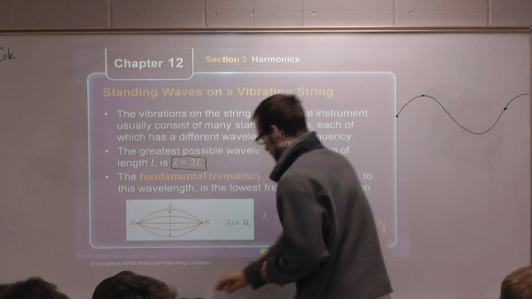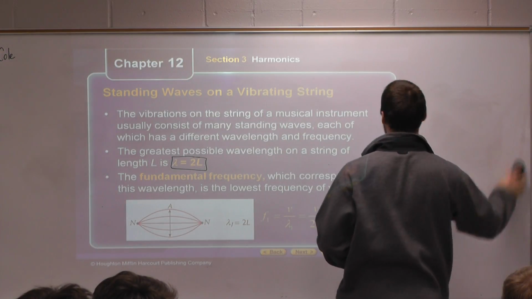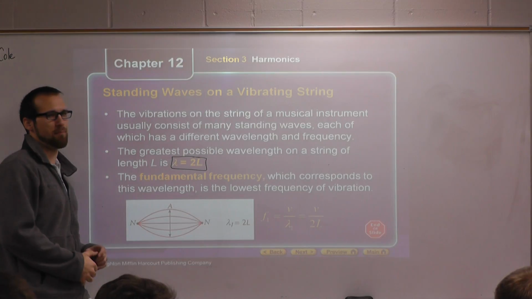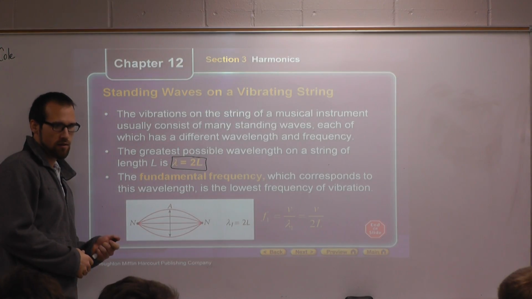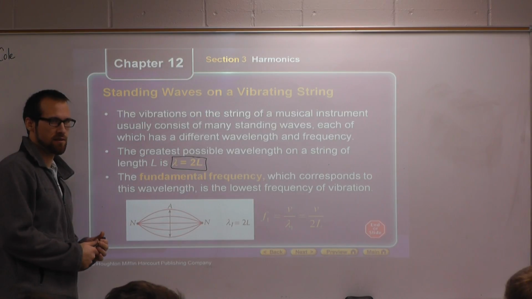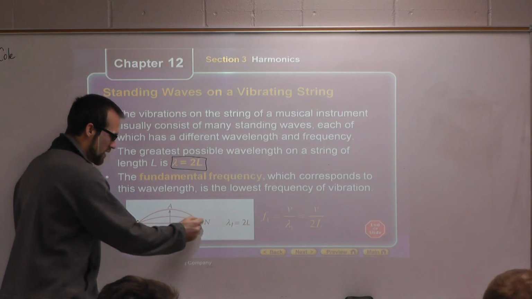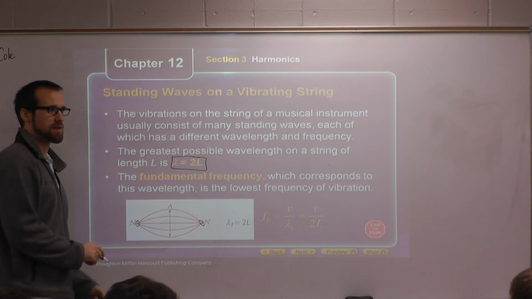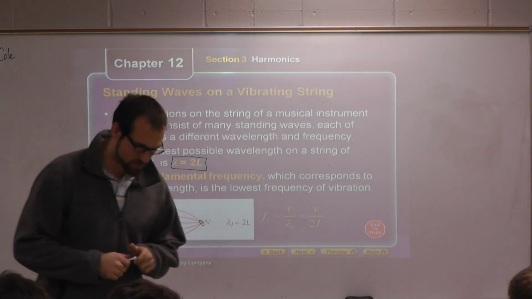Now, if you look at this standing wave, first off, quick reminder, nodes are points of equilibrium, or no displacement, correct? So here's a node, here's a node. And antinodes are places of max displacement.